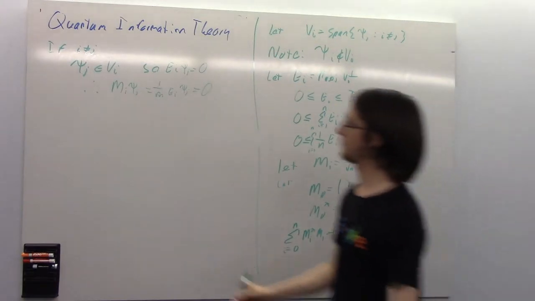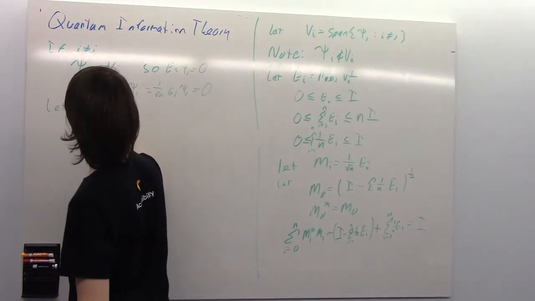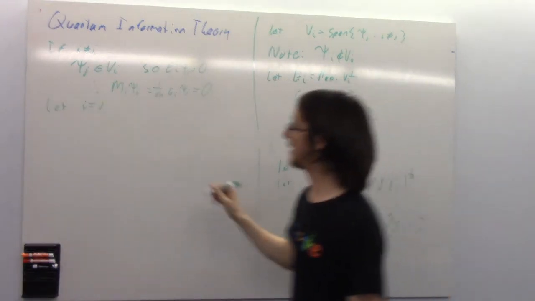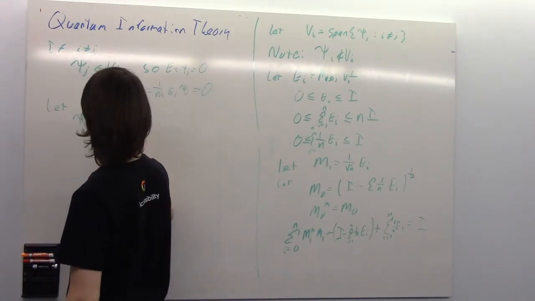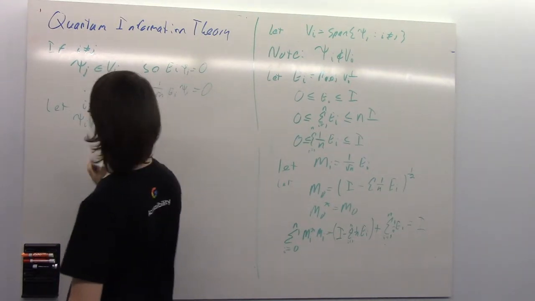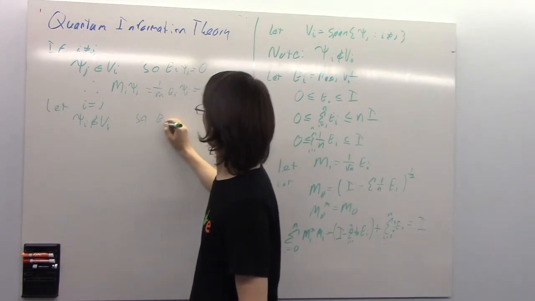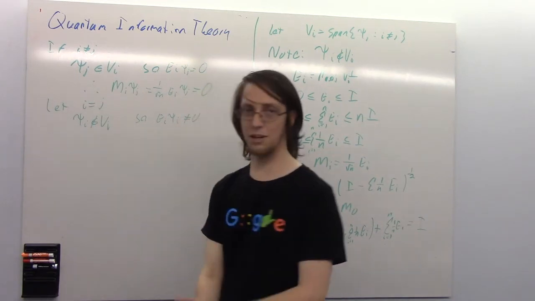Now, let I equal j. Well, we'll stick with I. Ci is not in Vi. So, Ei of the Ci does not equal 0.